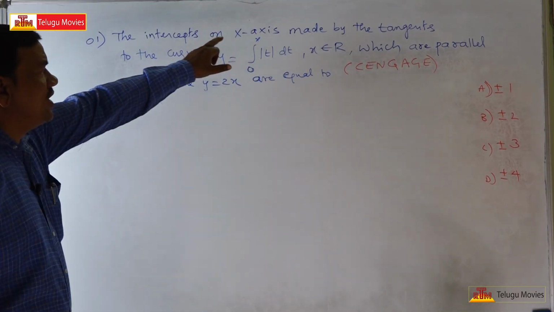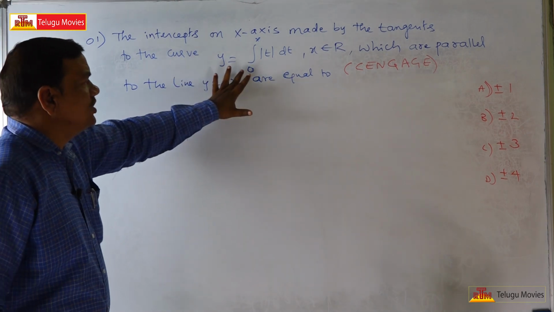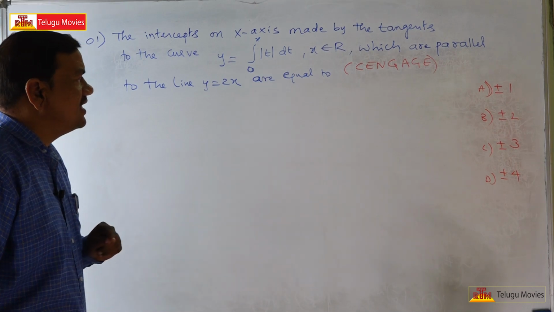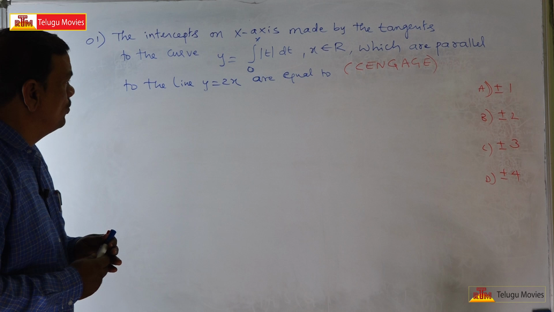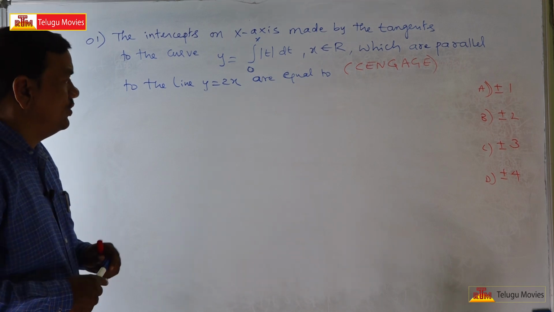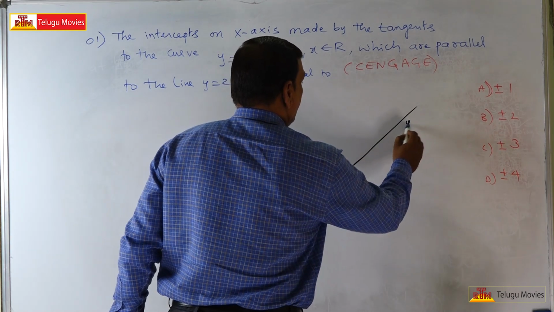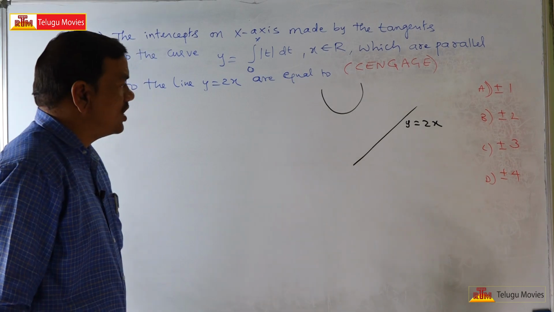The intercepts on the x-axis made by the tangents to the curve y equals integral 0 to x of modulus of t dt, where x is a real number, which are parallel to the line y equals 2x, are equal to. So here there is a curve and a line y equals 2x.